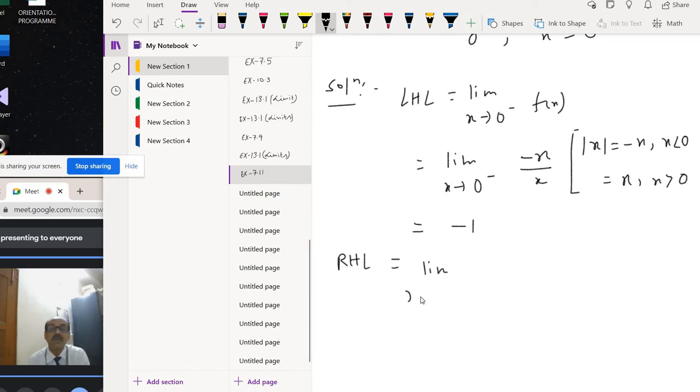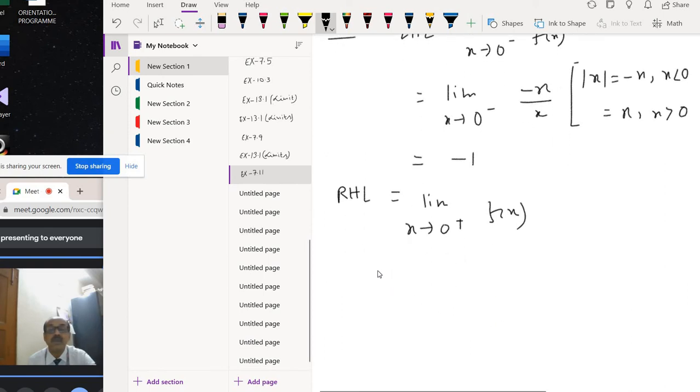Limit x tends to 0 plus f(x) equals limit x tends to 0 plus, when x is greater than 0, that is x by x, so equal to 1.